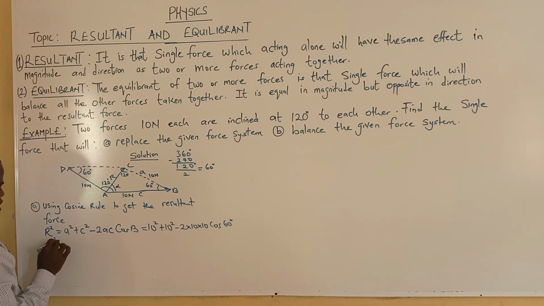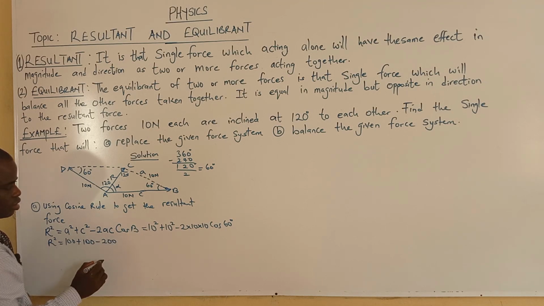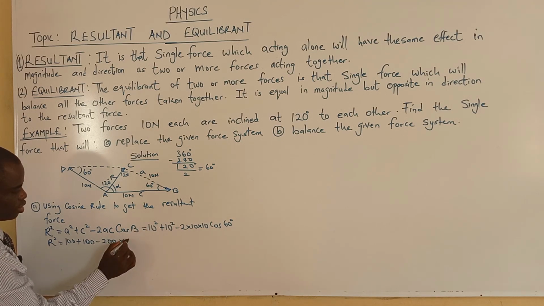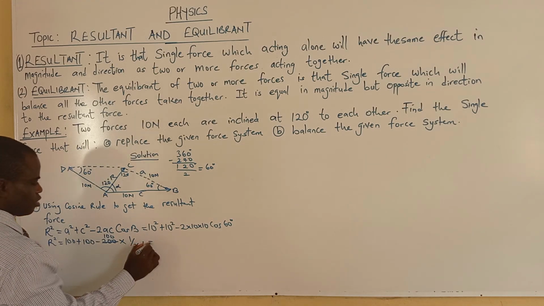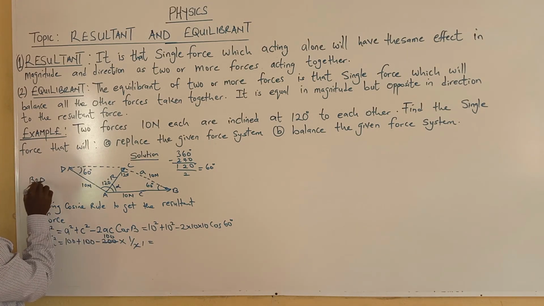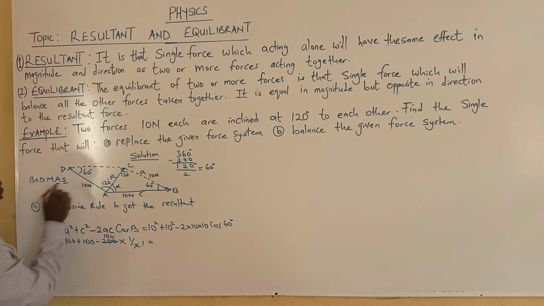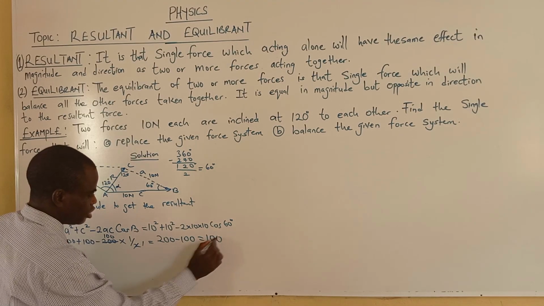Now R squared equals 100 plus 100 minus 200 times cos 60, which is half, 0.5, that gives 100. Remember BODMAS, multiplication before subtraction: that's 200 minus 100 equals 100.